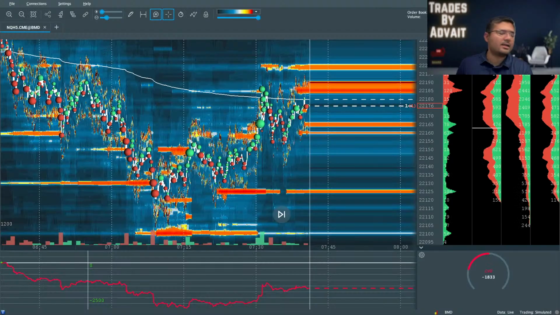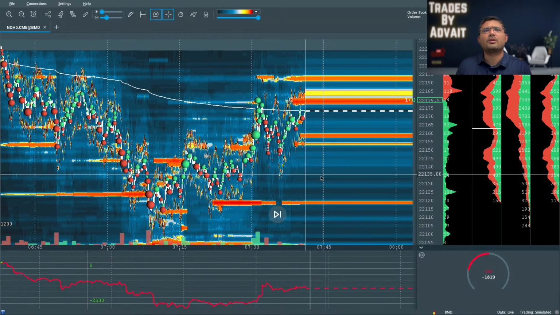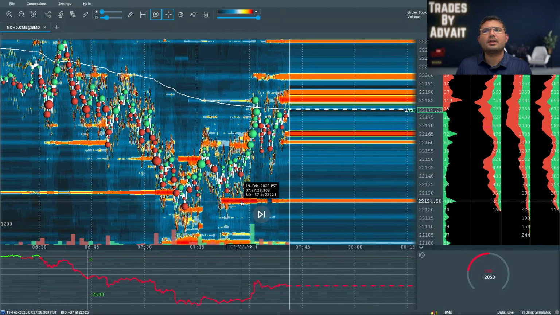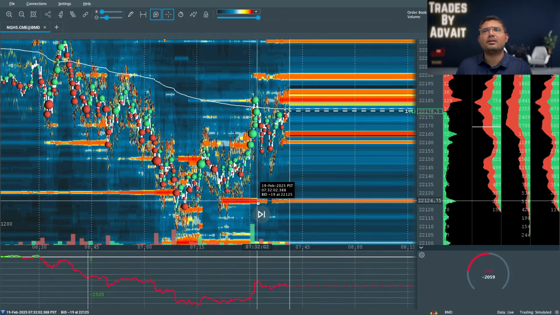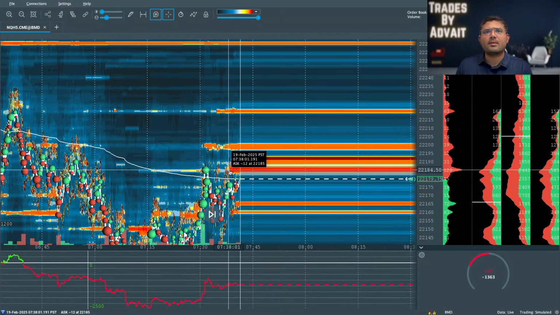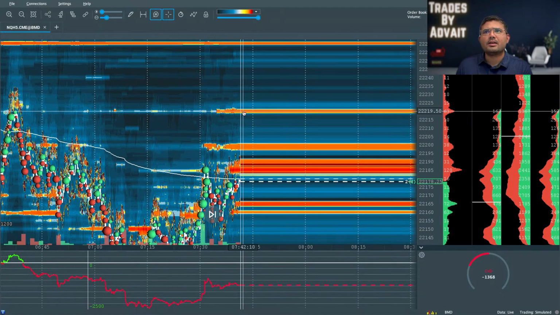So looking at the liquidity charts, right now I don't see huge liquidity until 128. But at the same time I see a lot of resistance over here. The first resistance is at 22,220.